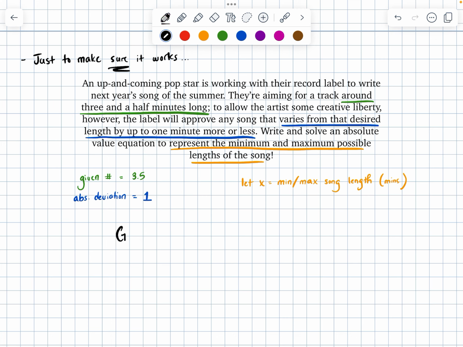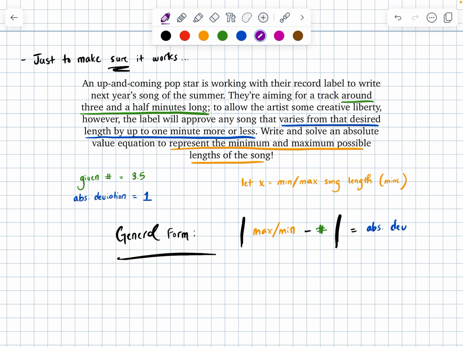So from my general equation that we invented above, I know that if I take the absolute value of the maximum or the minimum, which in this case is going to be our variable, I subtract my given number from that, the absolute value of this difference will be equal to the absolute deviation.